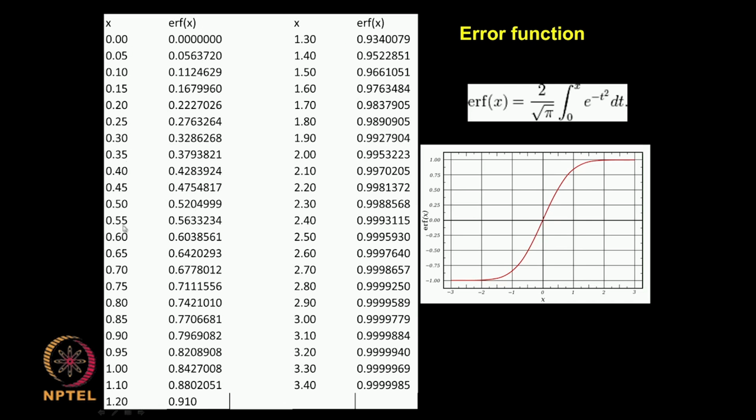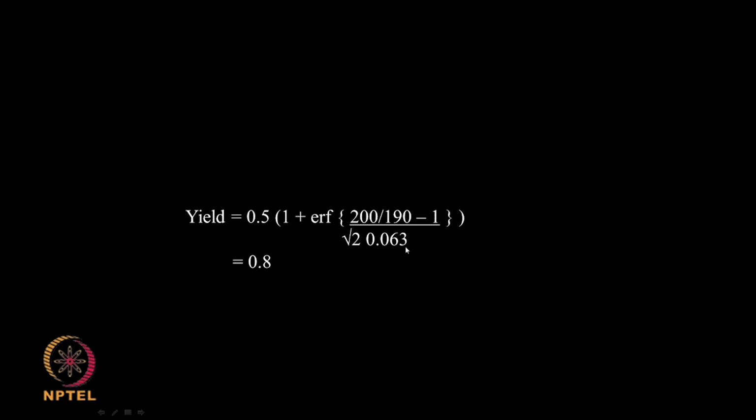So, if I know x, I will need to calculate what is the error of x. So, I have 200 divided by 190 minus 1 divided by square root of 2 times 0.063. So, I will get this x value here and from the table I will get error of x.